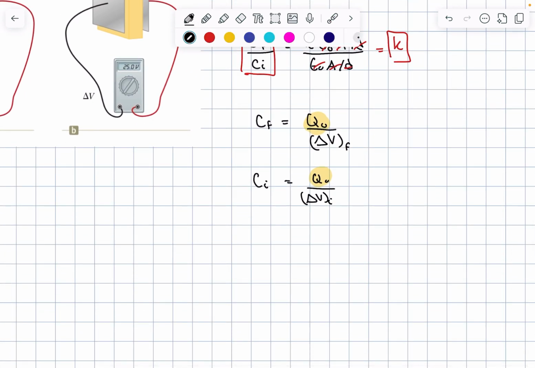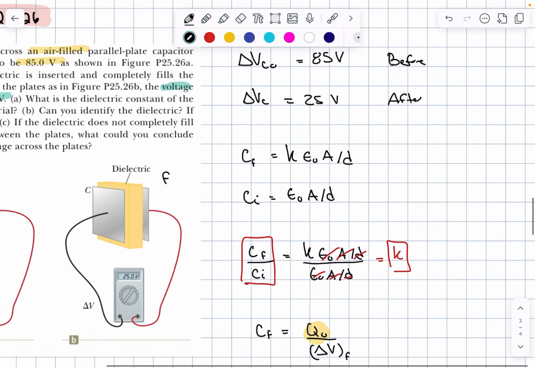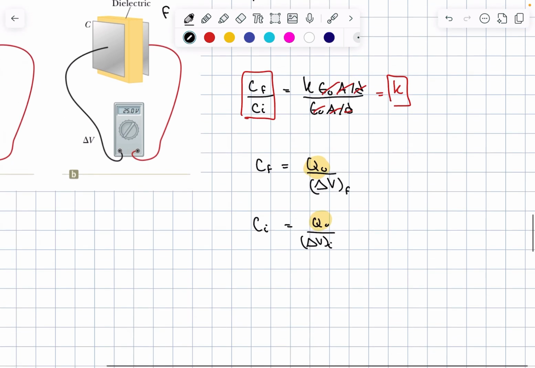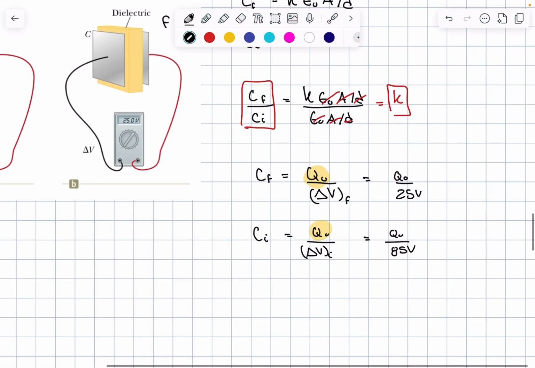Now we know what delta VF is, right? After adding the dielectric, it's 25 volts, and initially it's 85 volts. So initial 85, final 25.